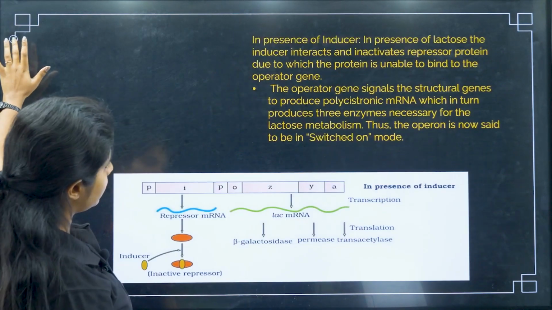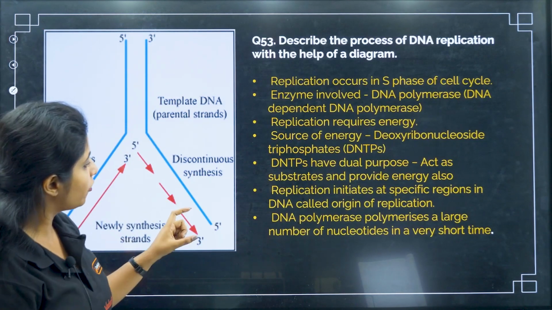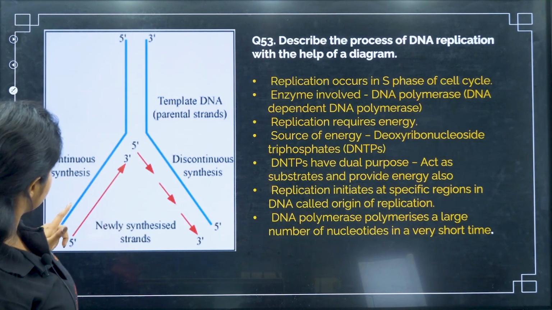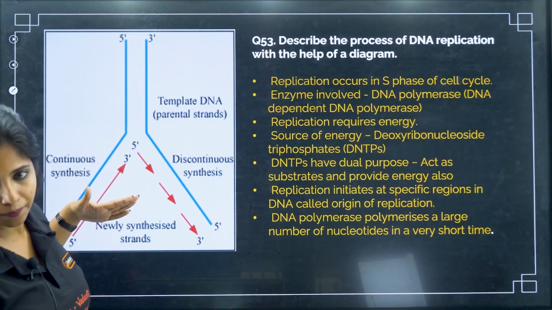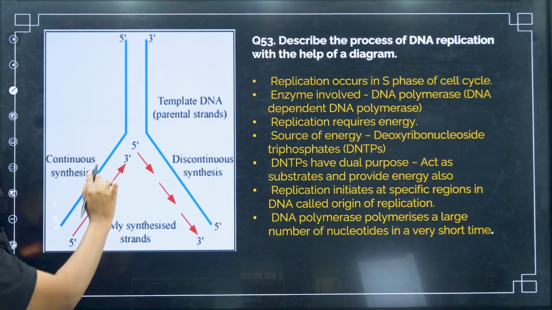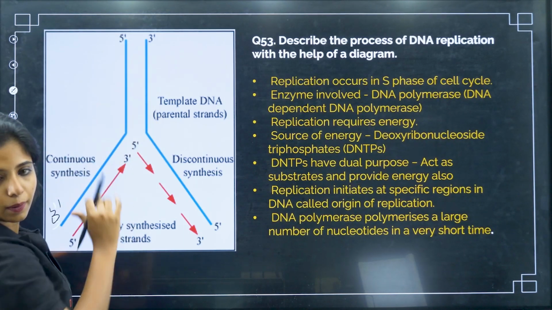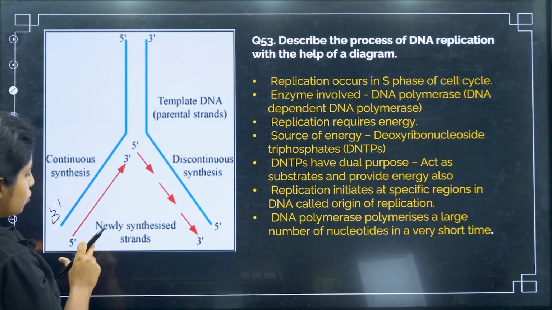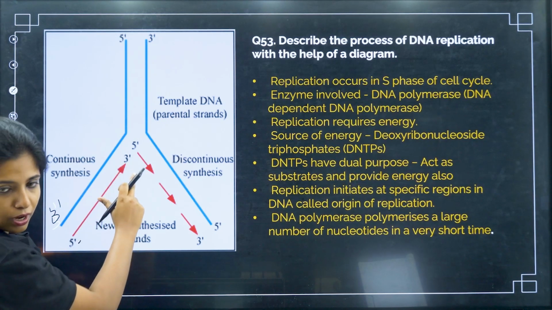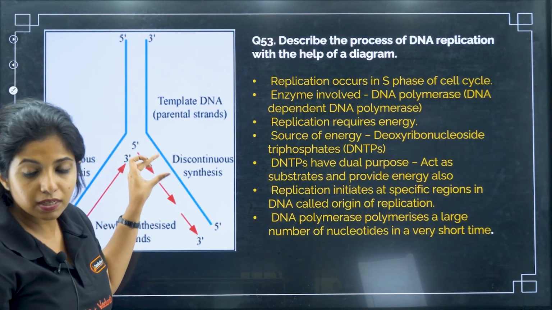Going ahead, DNA replication, my dear children, this is the diagram. Always remember this is the 5' to 3' direction, and this is from 3', the opposite direction. The strand in the 3' to 5' direction will undergo normal replication, so over here it is the leading strand, but over here this is the lagging strand, because DNA polymerase needs a primer.